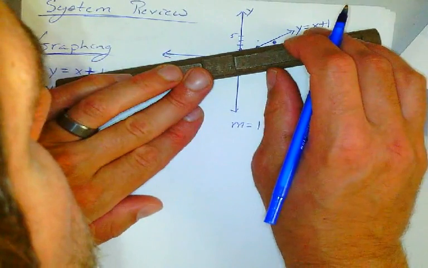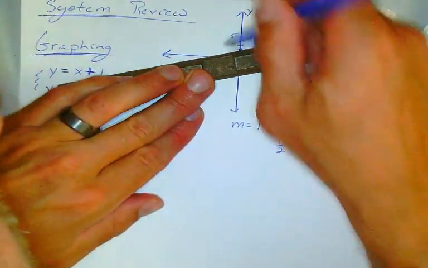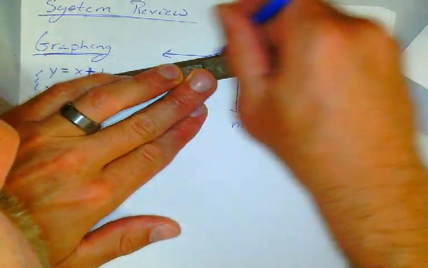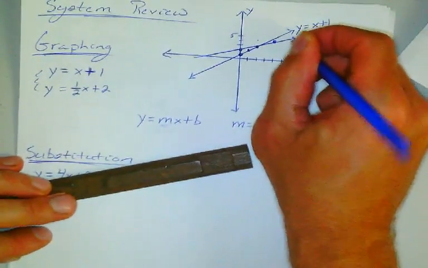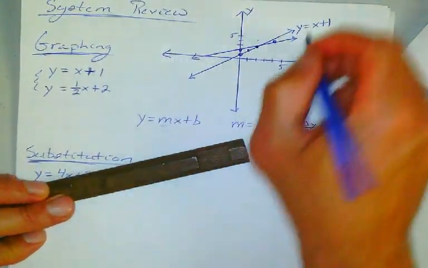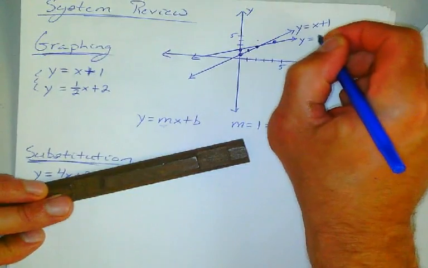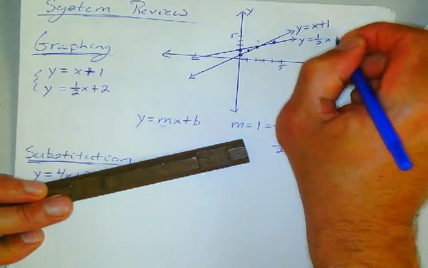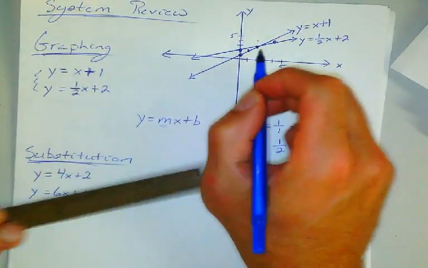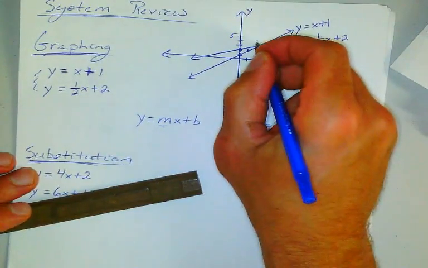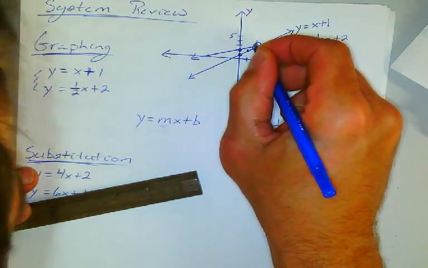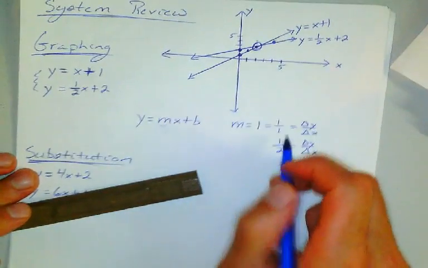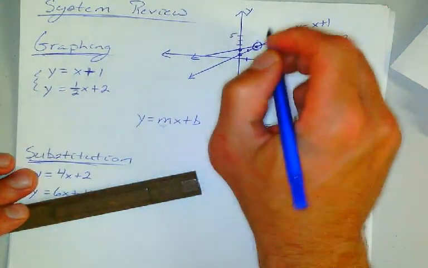Connect them. That'll be good enough. Arrows, and label your line. There's our intersection point. It's not perfect because my graph isn't the best, but you circle it. I like to use an S for solution.